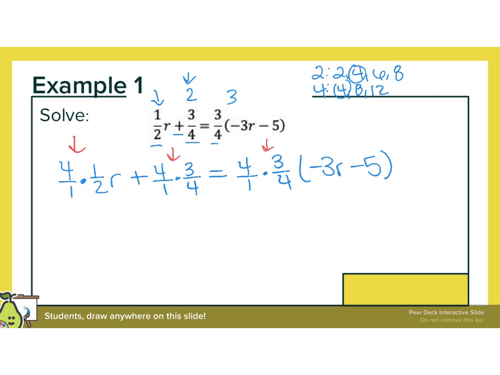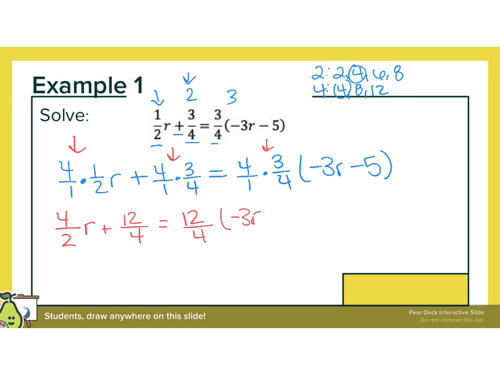So now I'm going to do the multiplication. I'm going to do the long way the first time, but next I'm going to divide first, okay? So 4 over 1 is 4. 1 times 2 is 2, r, plus 4 times 3 is 12. 1 times 4 is 4. 4 times 3 is 12. 1 times 4 is 4.